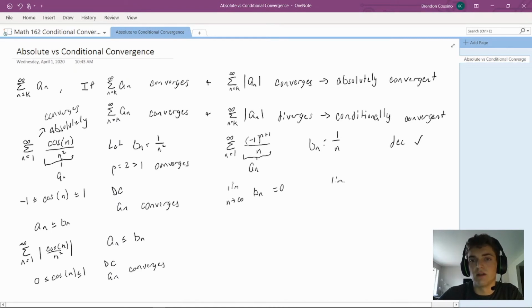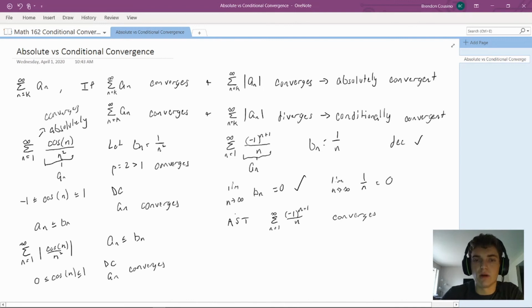The limit of 1 over n is 0, because our denominator gets really, really big. Check. So through the alternating series test, the series as n equals 1 to infinity of negative 1 to the n plus 1 over n converges.